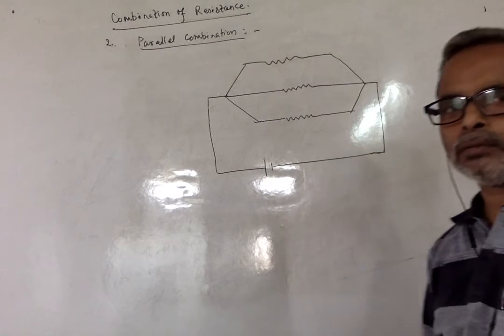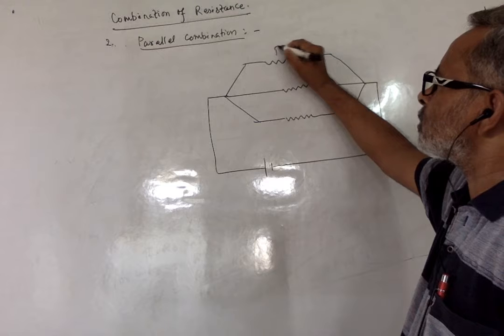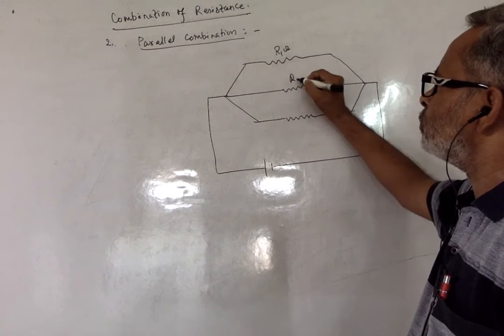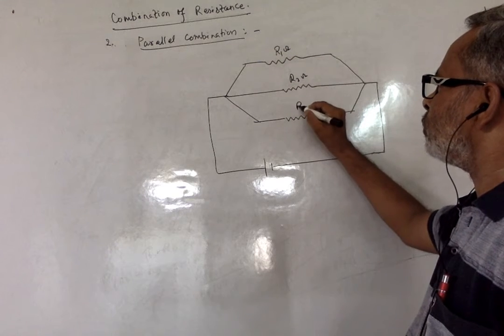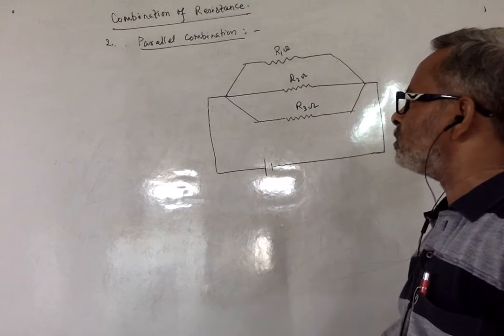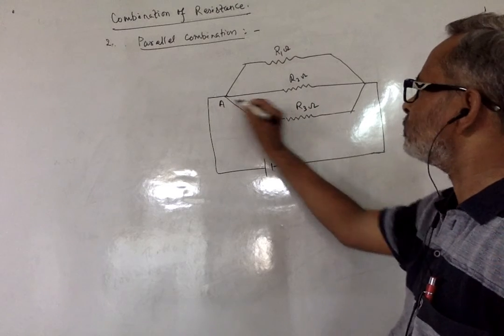As shown in figure, three resistors R1, R2 and R3 ohm are connected in parallel.